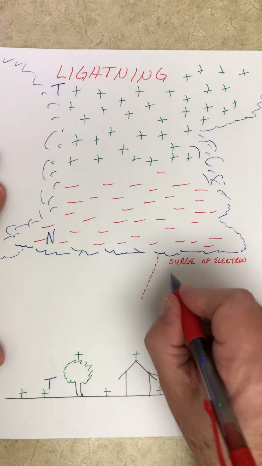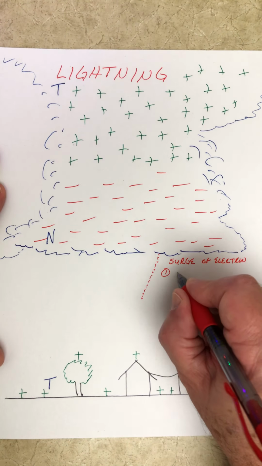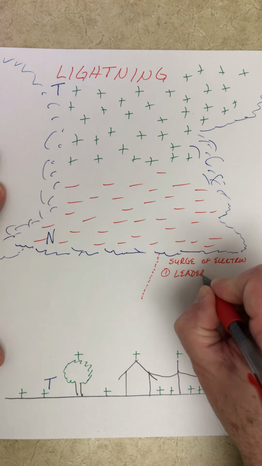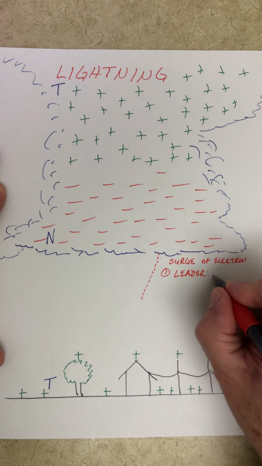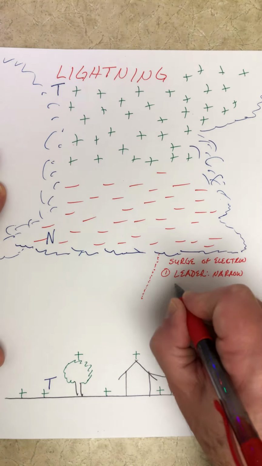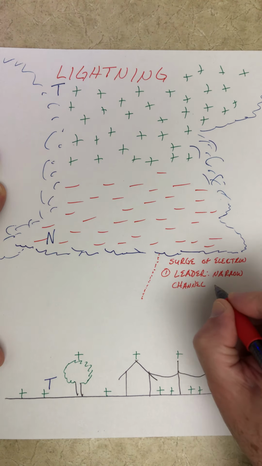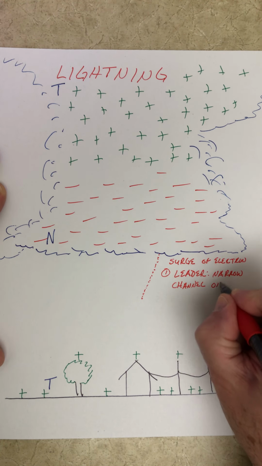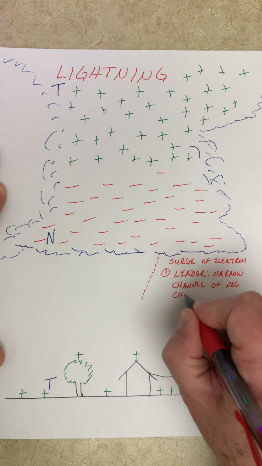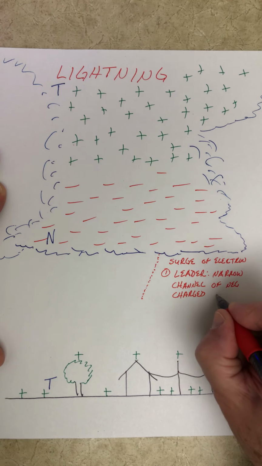And this is the first part of a lightning bolt. This is called a leader. Okay, and a leader is a narrow channel of negatively charged ions.